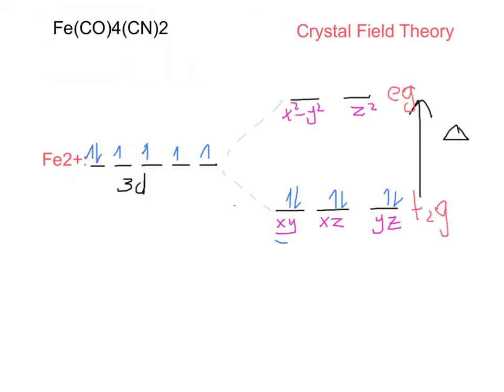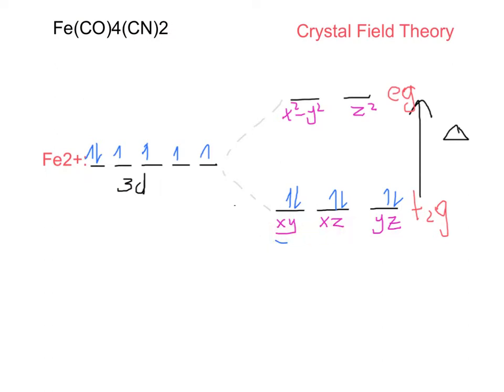So moving on to the crystal field theory, which says that the ligand causes the d electrons of the free metal ion to split or to degenerate into two energy levels.